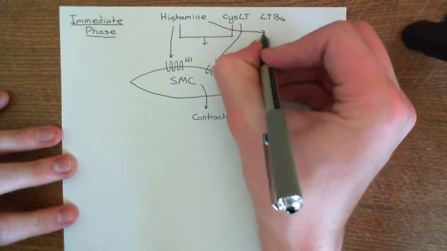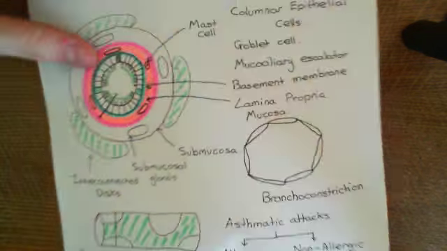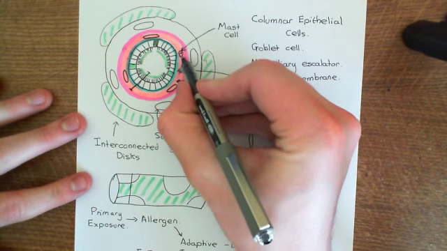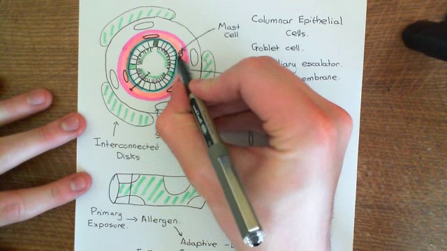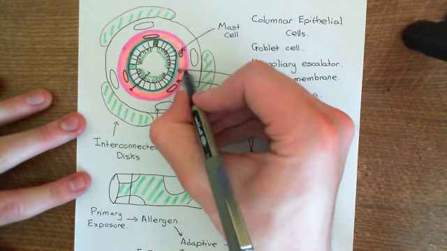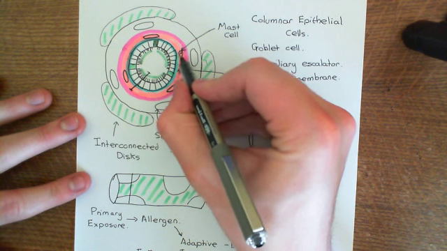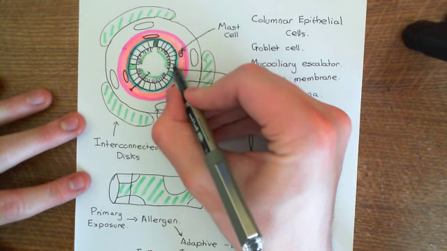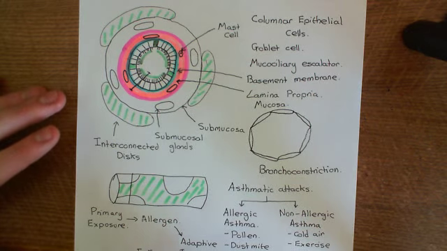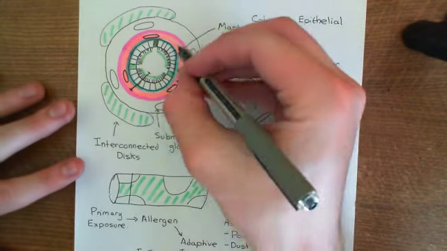Okay, so remember, all of these pro-inflammatory mediators have been released by the mast cells, which are within this lamina propria here in red. Okay, and some of them can diffuse back to the smooth muscle layer here, but some will diffuse forward to the epithelial cells here. Okay, and not to the epithelial cells. Forget that.